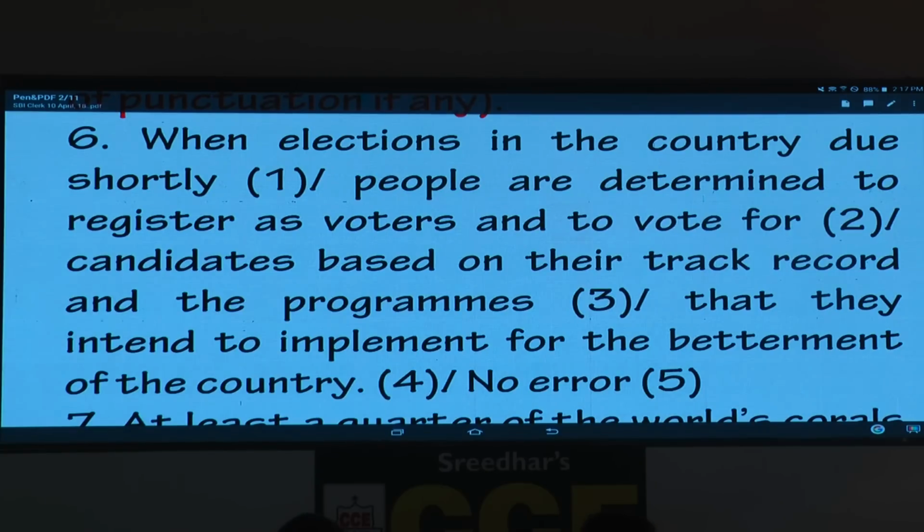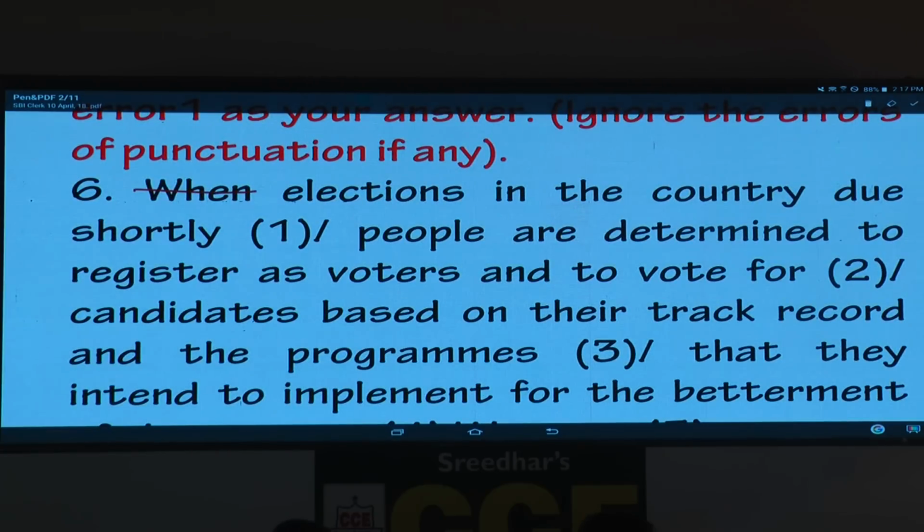There are 2 errors here. First part, there are 2 errors. First error, don't use "when"; change "when" to "as". As elections in the country, not when. And what is the second error?